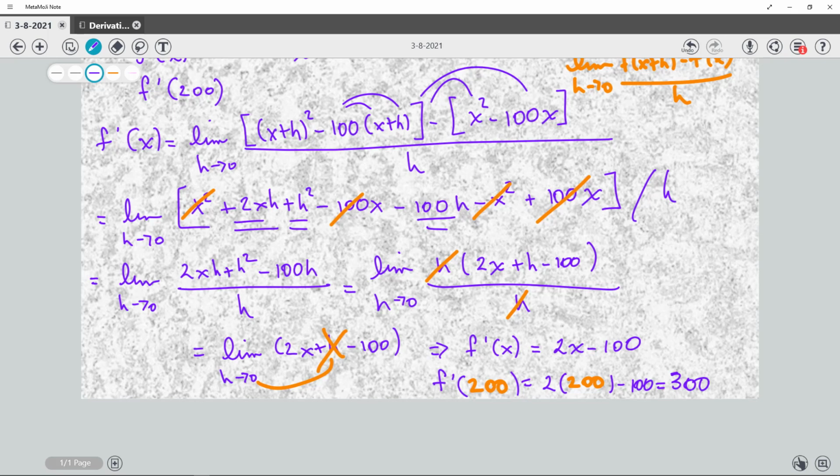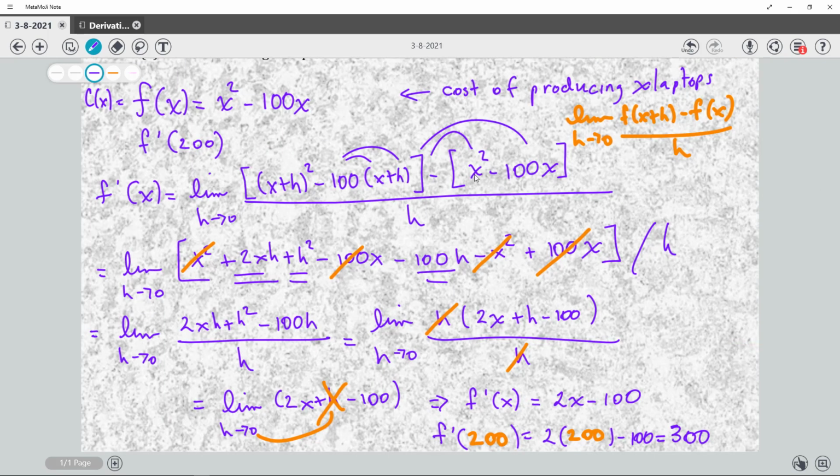So you're going to see derivatives are very much in applications. It's just understanding what a problem is asking you, so that you understand that this was a derivative.